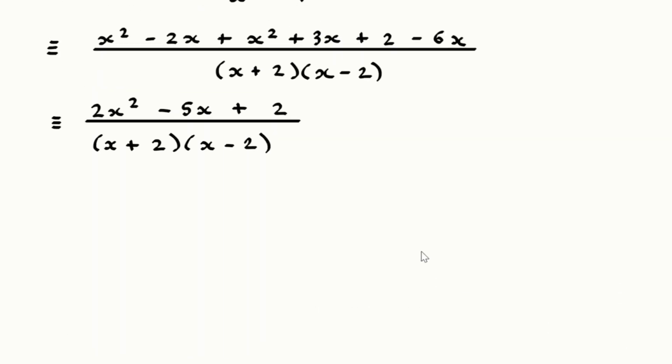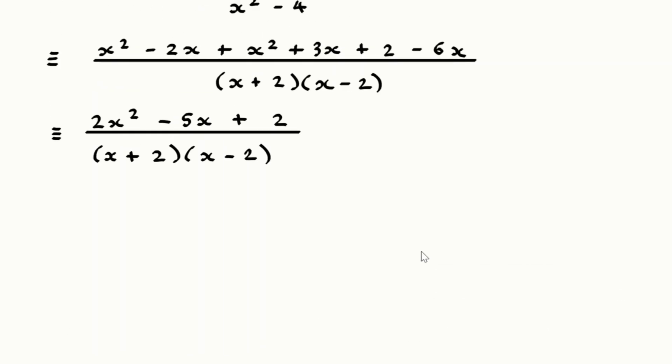So I need to now factorize this. For me to factorize, we'll do it at the side. I need two numbers which multiply to give 2 times 2, which is 4, which add to give the minus 5. So I've got minus 4 and minus 1. So I have 2x squared minus 4x minus x plus 2.